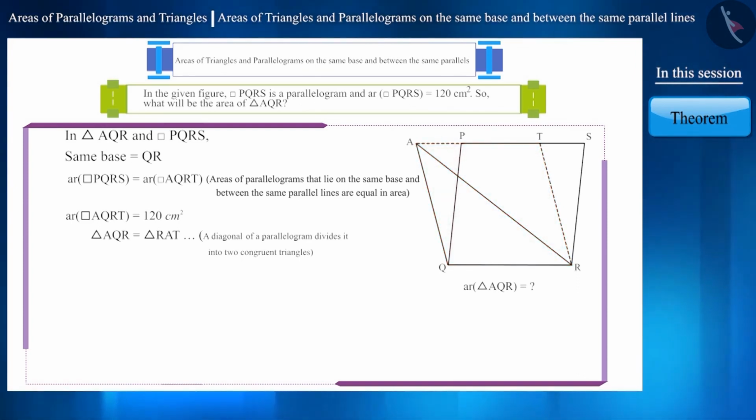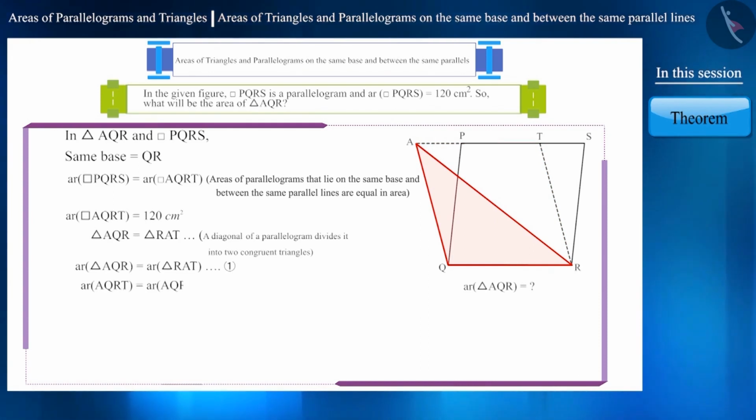And the areas of congruent triangles are equal. Therefore, the areas of triangle AQR and triangle RAT will also be equal. Since parallelogram AQRT is made up of triangle AQR and triangle RAT combined together, we can write it like this also.